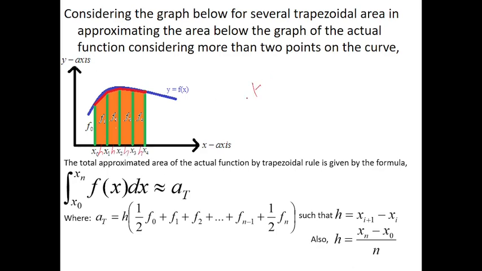So x sub 4 is equal to x sub 0 plus h plus h plus h plus h, that is 4h, right? But n is equal to 4. Therefore, x sub n equals x sub 0 plus nh. That's why h is equal to x sub n minus x sub 0 over n. That's why we get this.